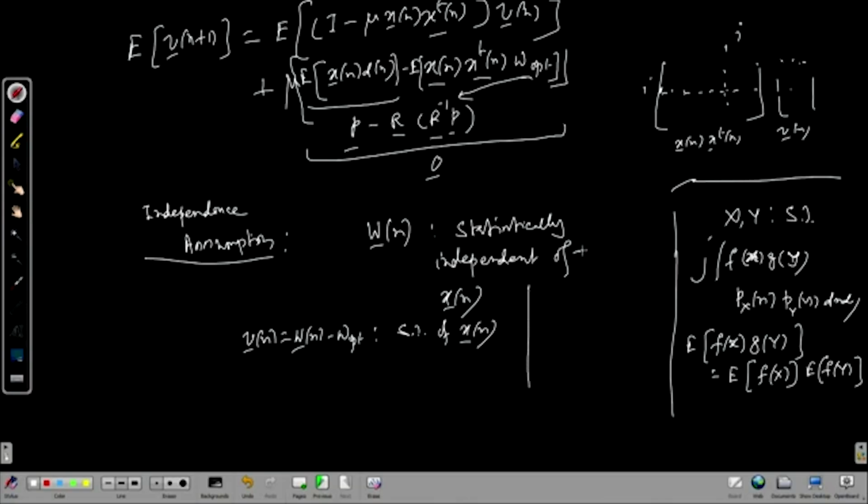So under this assumption, E of this matrix and v(n) will be separable. And this is my good old autocorrelation matrix R, and this is E of v(n).